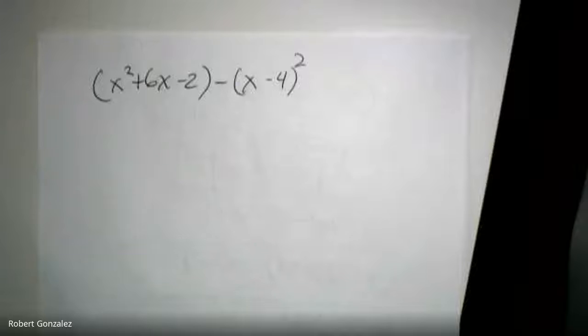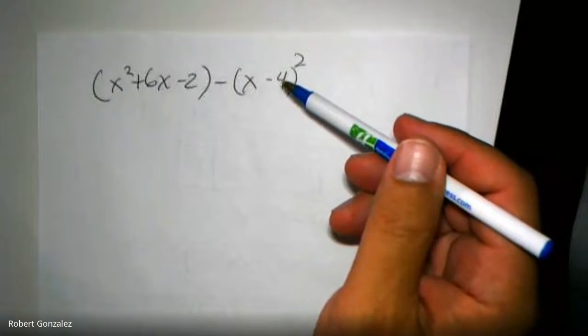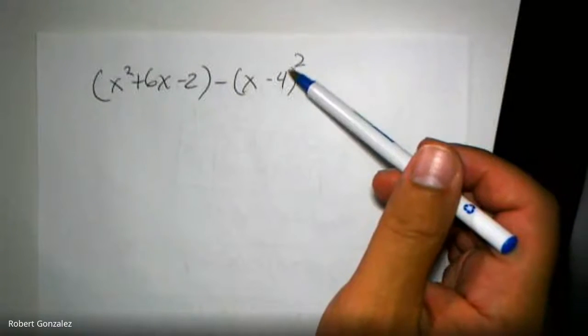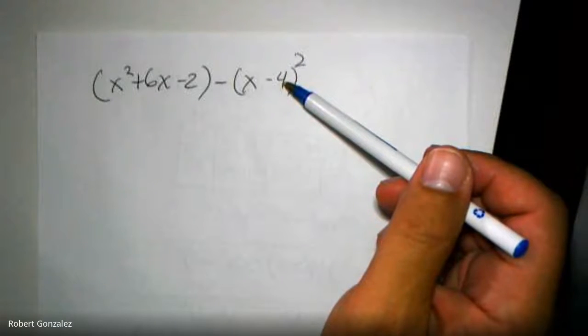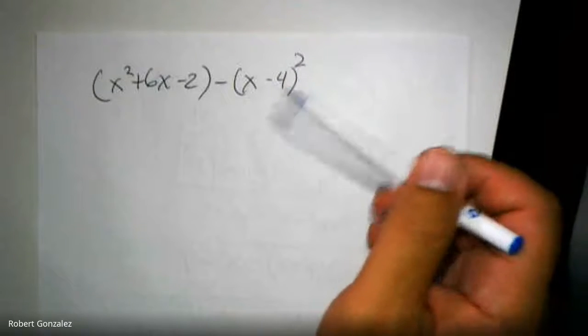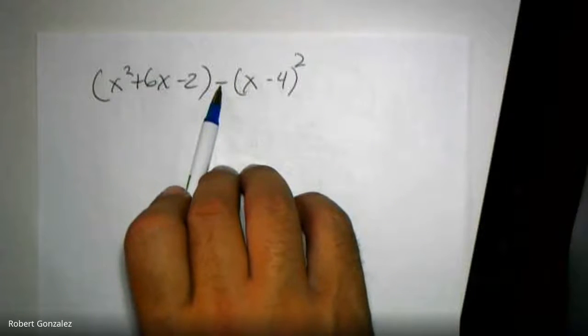What do you distribute? The 2. So be careful because distribution is multiplying. And yes, Vanessa, we have to do the expanding, if you want to call it that. We do have to do the exponent first, but that's not called distributing. Distributing will be later with this minus sign.